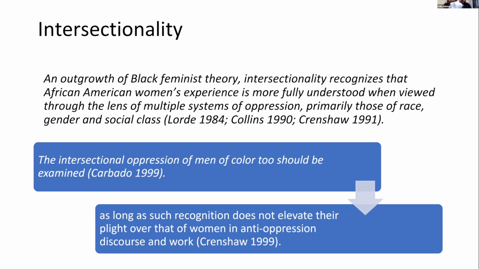Then Corbato wrote in '99 that intersectional oppression of men of color too should be examined. I concur with that. Crenshaw remarked, as long as such recognition does not elevate their plight over that of women in anti-oppression discourse and work. So here we already have some of the tenets of intersectionality being put forth, and some of us would like to hear more closely to them, whereas I think research has taken intersectionality into a space where interaction term all of a sudden means intersectionality.